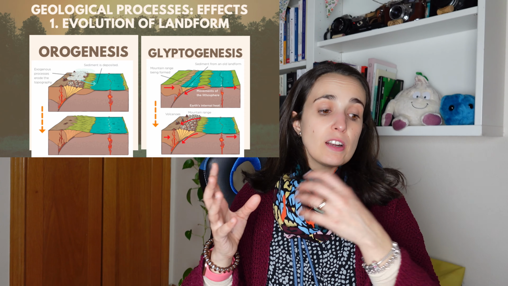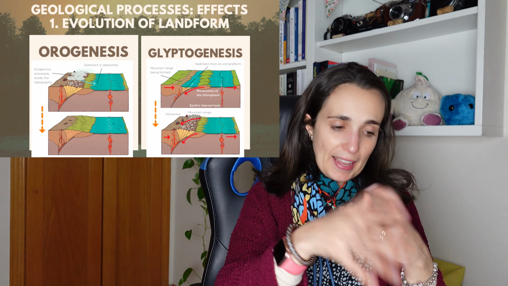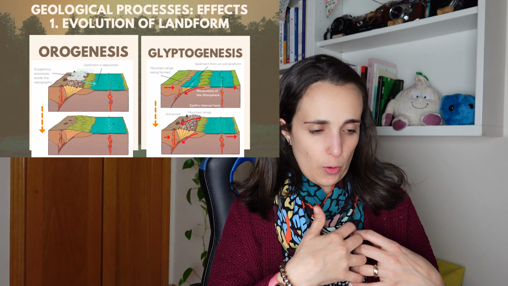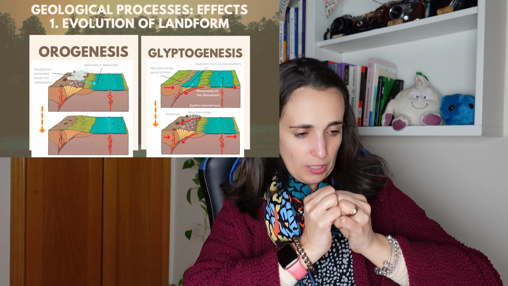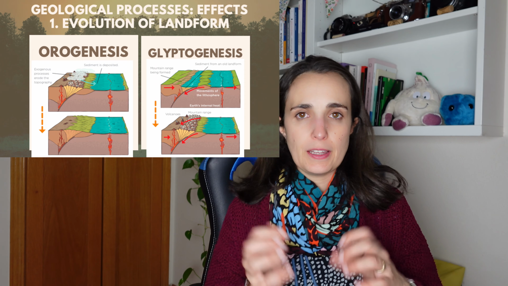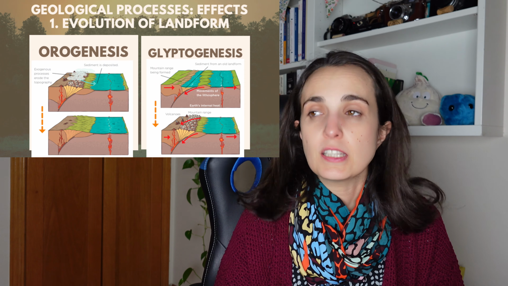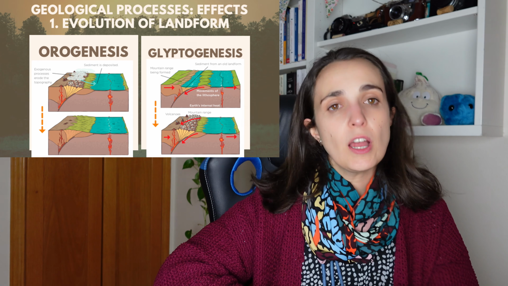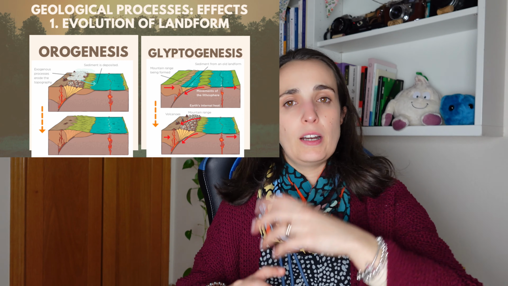And when they are still new sediments, if we still are in an orogenic process, like plates are colliding, those sediments will go up again in a new orogenesis process and will be eroded again in a new glyptogenesis process. So it's something circular, it's a cycle, okay?